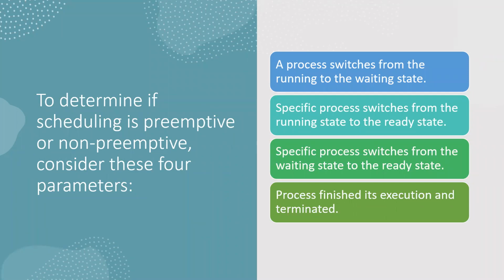A specific process switches from the waiting state to the ready state. And the process finishes its execution and terminates. If only conditions 1 and 4 apply, the scheduling is called non-preemptive. All other scheduling is preemptive.